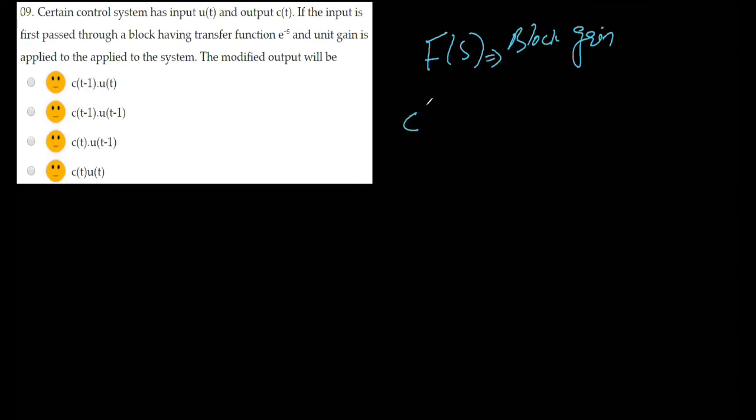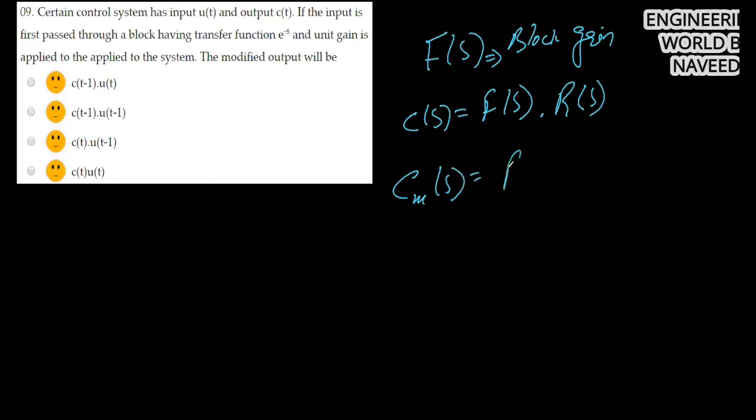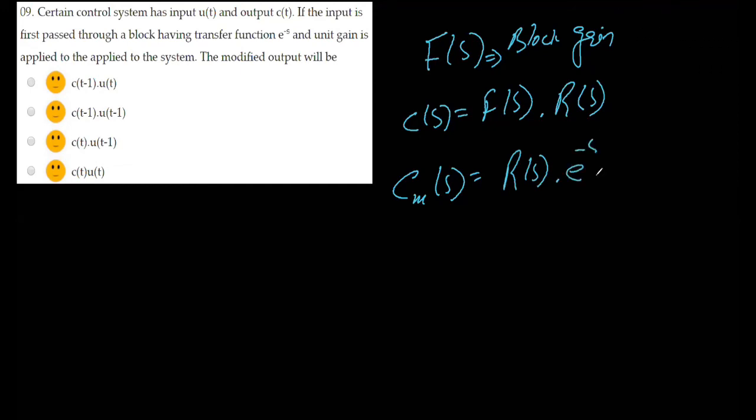Then your C(s) will be equal to your F(s) block gain times the input function, which is R(s). And if the input function is passed through a block having transfer function e to the power minus s, then your output C_m(s) will be equal to input function R(s) times e to the power minus s times F(s).